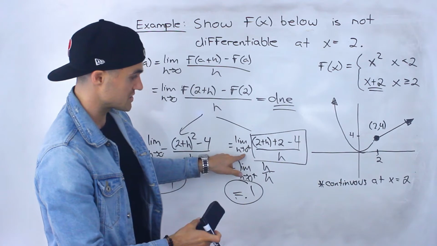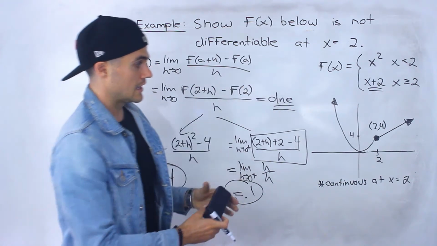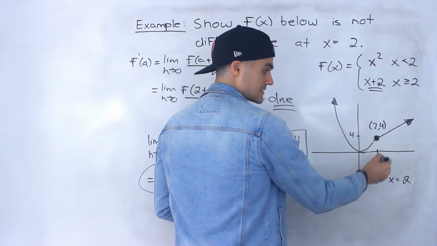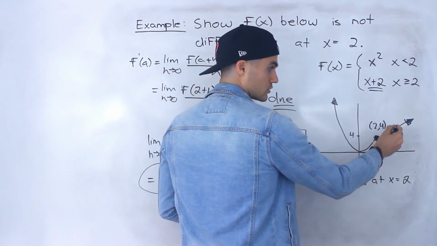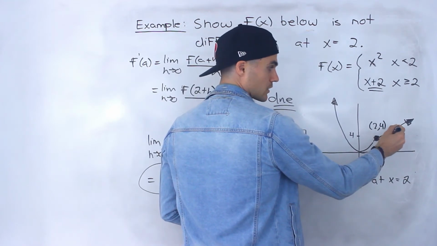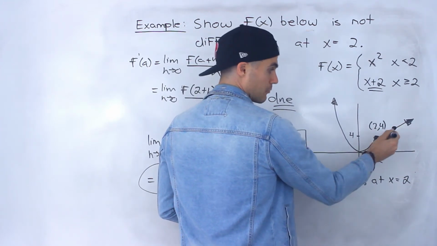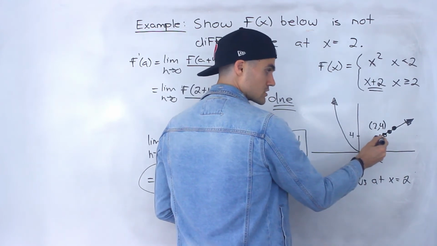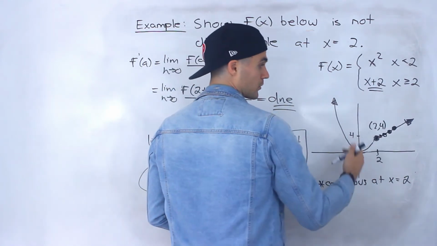But if it's approaching 0 from the positive side, it means that the other point is going to be to the right of this 2. So the points are going to be here, and they're going to keep getting closer. So we're going to find the slope of the line between this point and that point, then this point and that point, getting closer and closer to here, but from the right side.